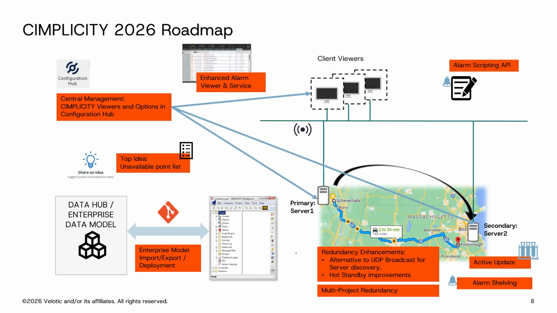And along with that capability, we will be enhancing the alarm viewer and the alarm service that serves up those alarms to our Operations Hub interface, which allows you to aggregate alarms across multiple systems into one place in a normalized fashion and provides the ability to filter and show alarms the way you want to across multiple systems.